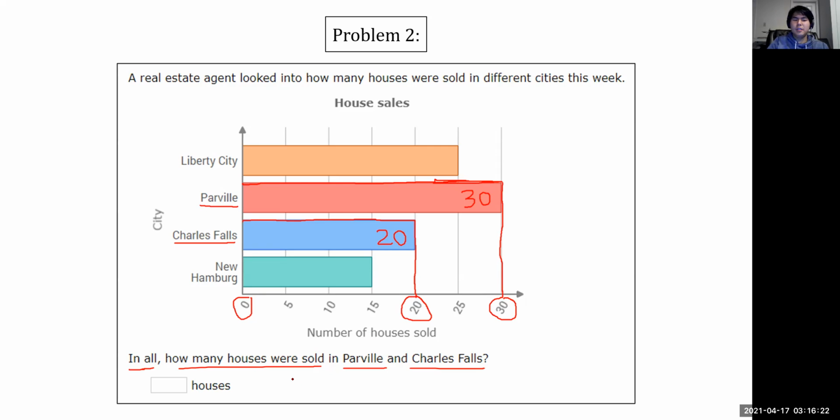This question right here is asking us for how many houses were sold in all, the total number of houses sold, the sum of these two numbers.